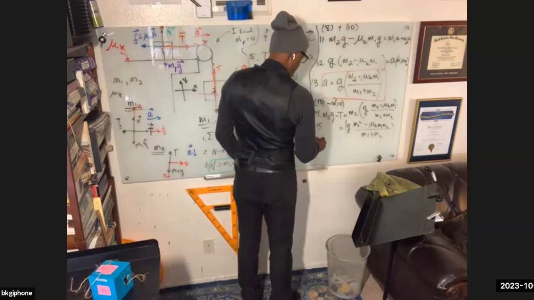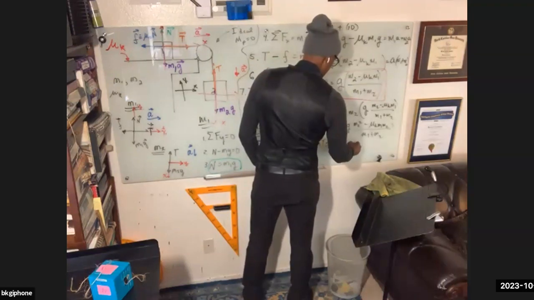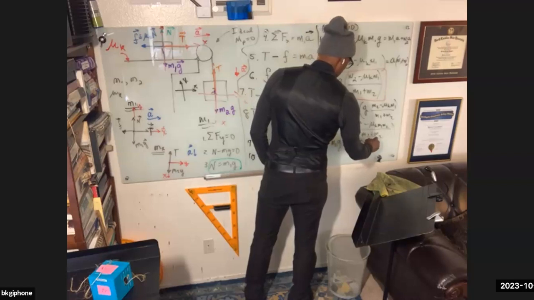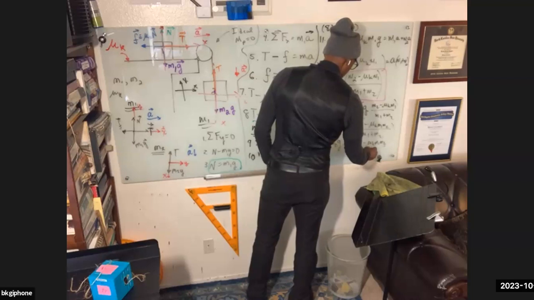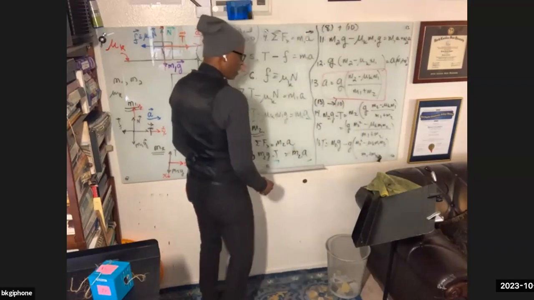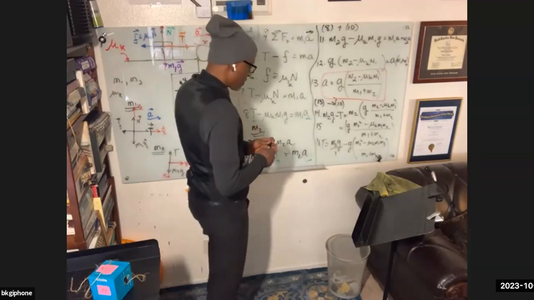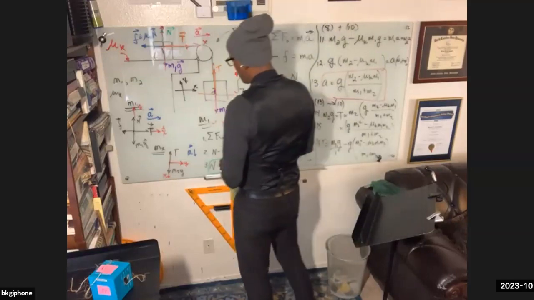So T is equal to M2G minus G times all of this stuff, M2 squared minus mu K M1 M2 over M1 plus M2. But this is M2G over 1, so now I have to add them with a common denominator, and the common denominator is M1 plus M2.